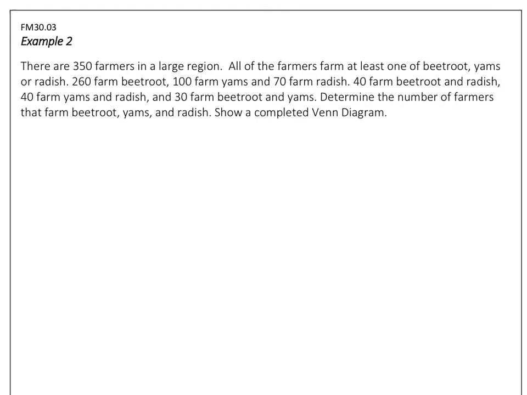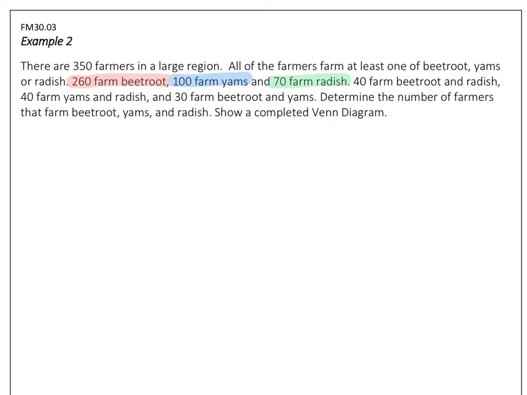Okay, let's look now at our second example. So it says that there are 350 farmers in a large region, and all of the farmers farm at least one of beetroot, yams, or radish. So 260 farm beetroot, 100 farm yams, 70 farm radish.